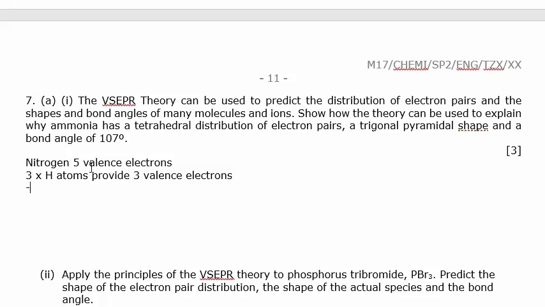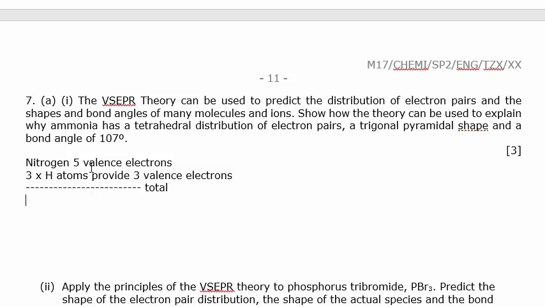Well, what do we get when we add 5 and 3? Total 8 valence electrons, and this is 4 pairs. 4 pairs equals 4 domains.